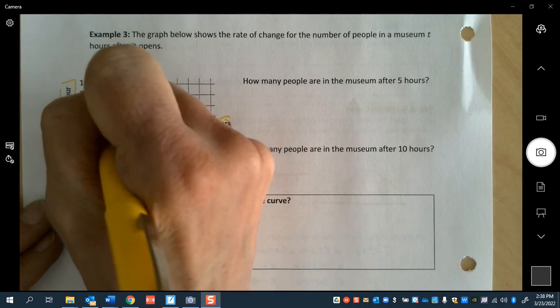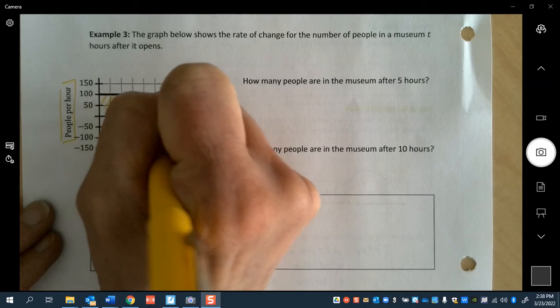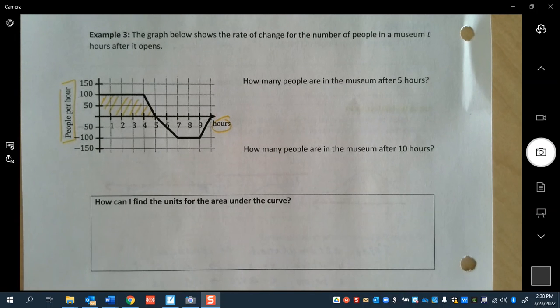If I find the area under the curve, in a positive sense, if I have 100 people per hour in my museum for the first 1, 2, 3, 4 hours, I have 400 people in the museum. Make sense?